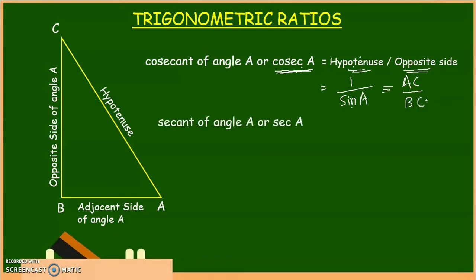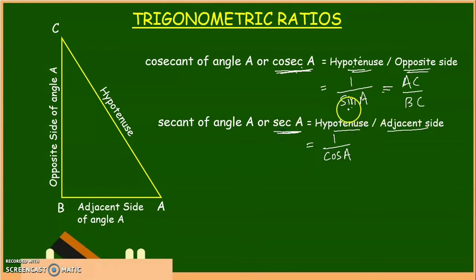And the fifth trigonometric ratio is known as secant of angle A, or in short you can write sec A. The formula for sec A is the ratio of the hypotenuse to the adjacent side, or you can say this is the reciprocal of cos A. We have seen cos A is the ratio of the adjacent side to the hypotenuse.